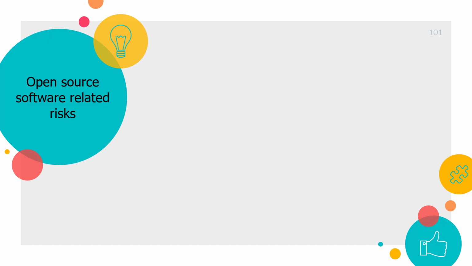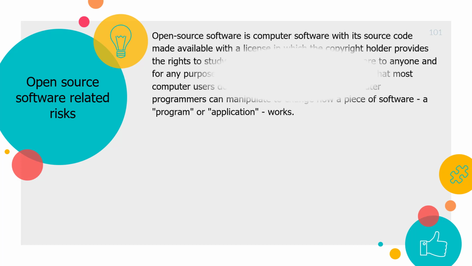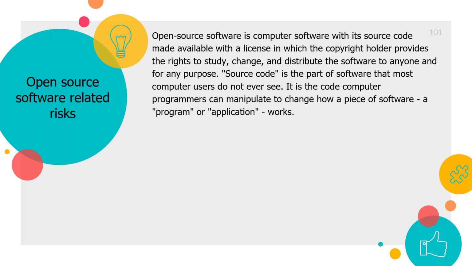Open source software related risks. Open source software is computer software with its source code made available with a license in which the copyright holders provide the rights to study, change, and distribute the software to anyone and for any purpose. Source code is the part of software that most computer users do not ever see.